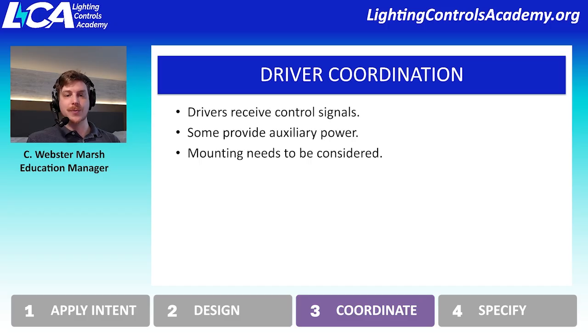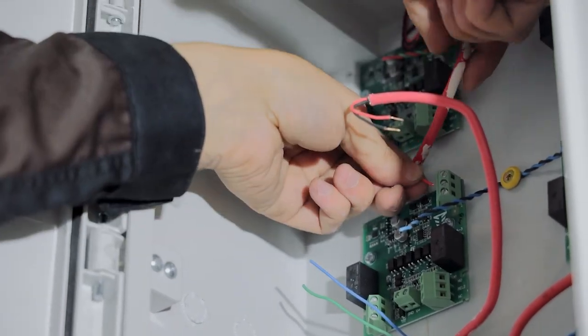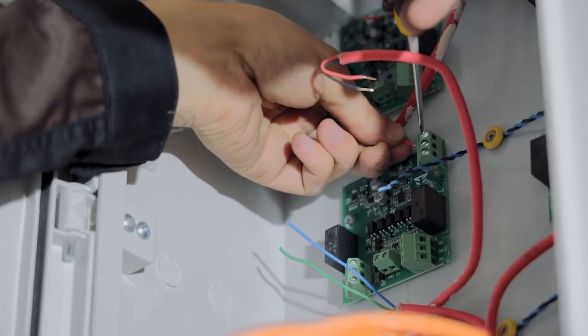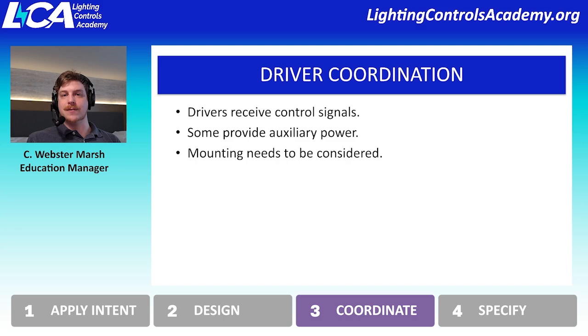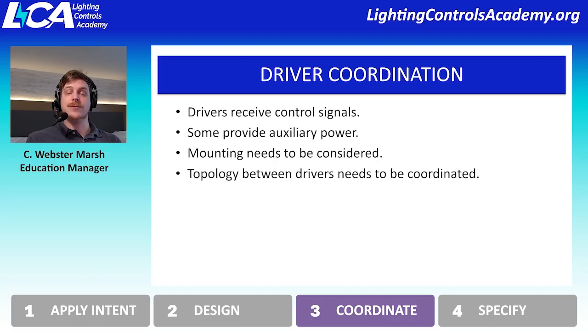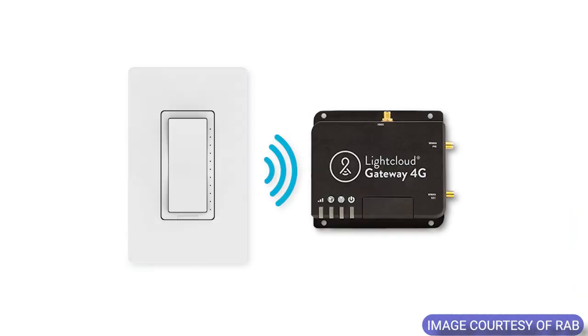If your luminaire has a remote driver, it needs to be mounted somewhere, and identifying where that is going to be mounted is really helpful to the build team so that they know where that driver is going to be located, how far away from the fixture it needs to be, and finally, how drivers are interconnected. Meaning topologically, how are they wired together if it's a wired system, or how are they communicating back to the system if it's a wireless system.